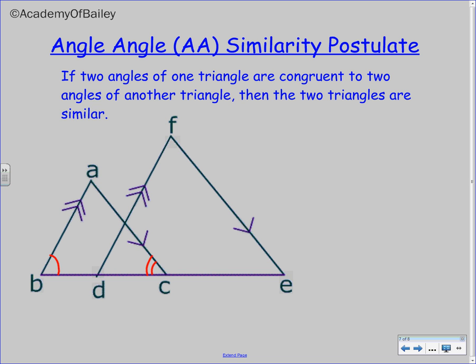Let me color code some things here, because those two triangles are kind of overlapping a little bit, it might have been hard to see the angles that are congruent in the small triangle compared to the large triangle. And there we go. Two angles in one triangle congruent to two angles in the other triangle. Triangles are similar.